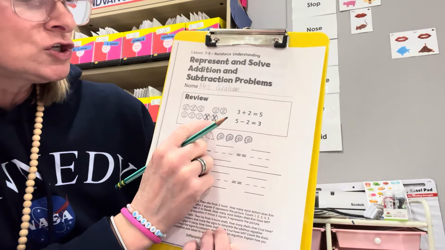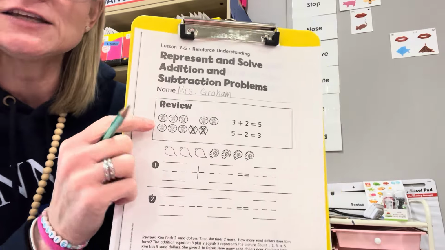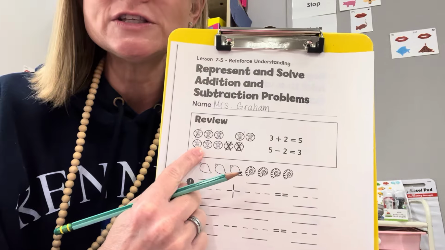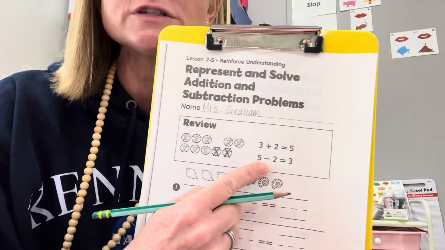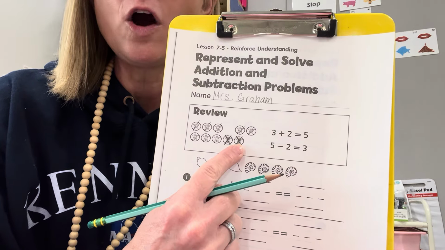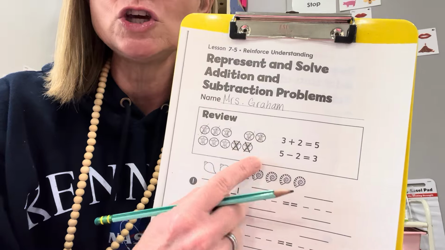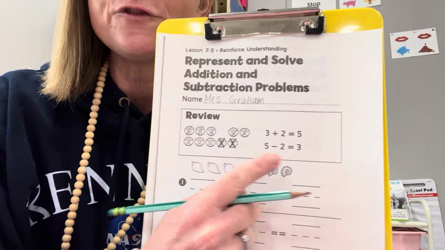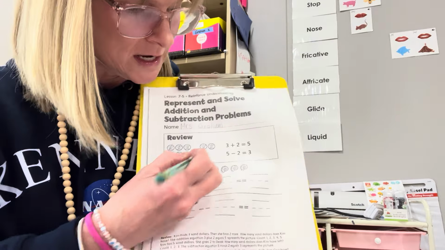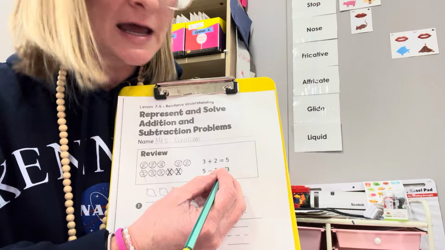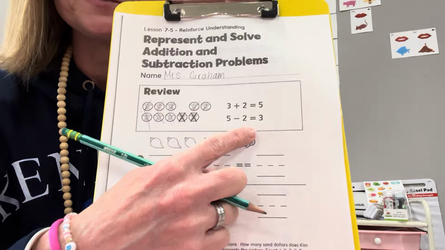She gives away 2 to Derek. How many sand dollars does she have left? So we started with 5. Remember, when you're looking at subtraction, you have to count all of them first. 5. Then we see, oh, they take away. They X'd out 2. And that equals the difference. How many are left? Let's count it. Ready? 1, 2, 3. So equals how many are left right there.